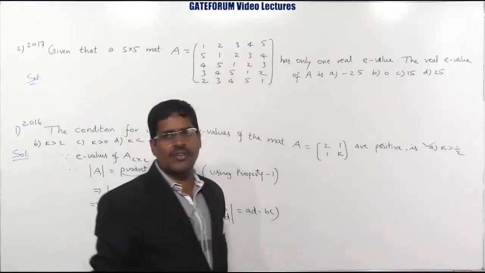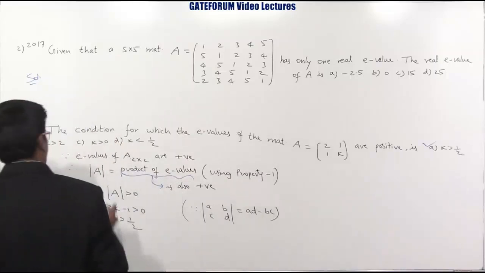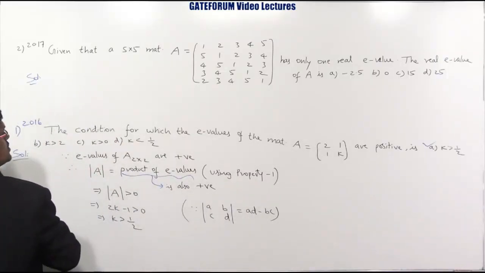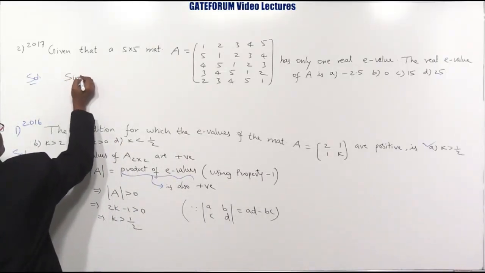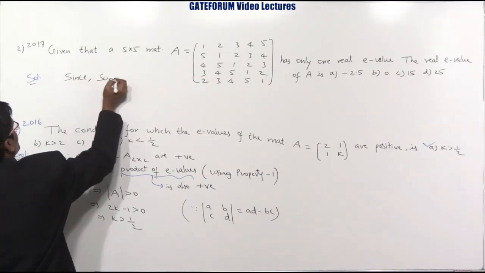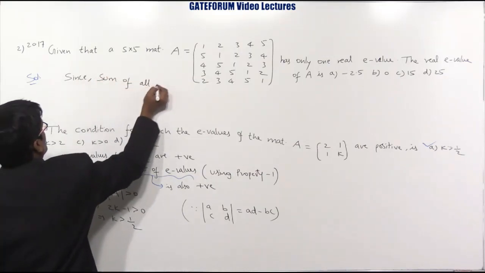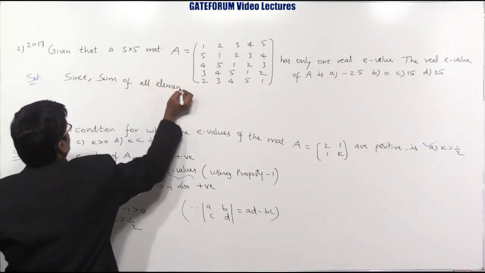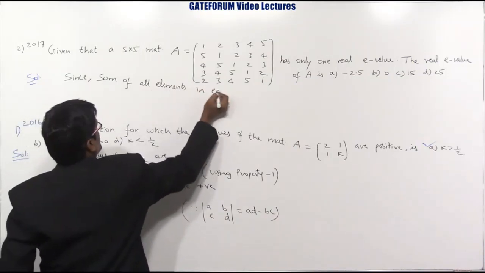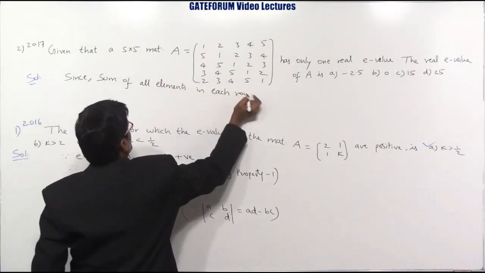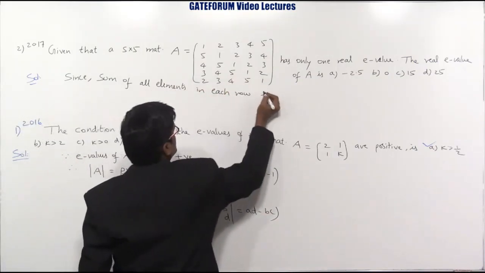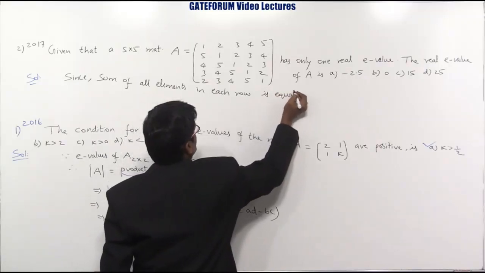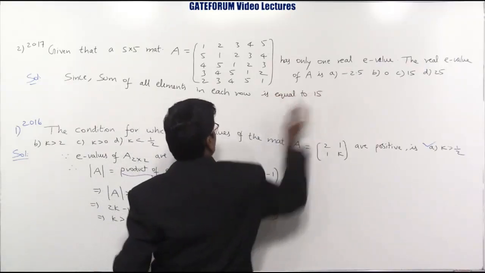Similarly, columns also satisfy this. I can use property 2. Since the sum of all entries, that is elements, in each row or column or both is equal to 15.